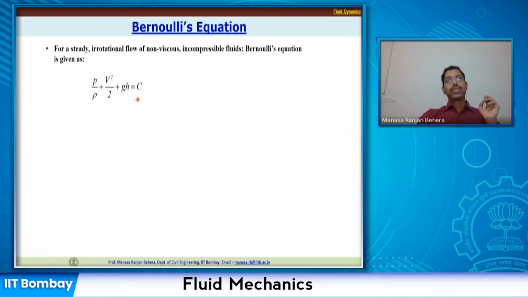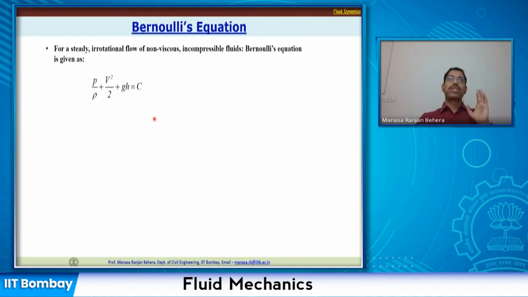Alright. So now if you look at, this is your pressure divided by rho, plus velocity square by 2, plus gh is nothing but your potential energy. So that is equal to constant. And if you take any 2 points in a flow without considering the losses, this term is going to remain the same.